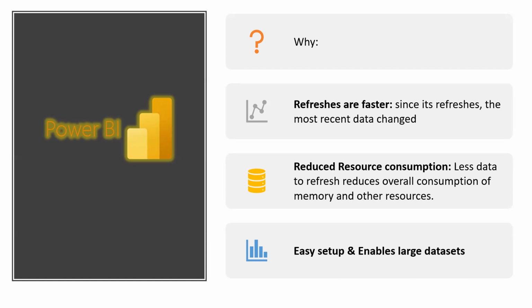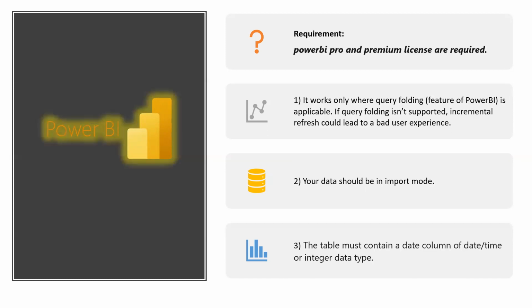Second, it reduces resource consumption. When less data is getting refreshed, the memory and other resources which are managing your data and the refresh will function at optimal performance. And the third and most important feature is it's easy to set up and it is always good for large data sets. This is why we need incremental refresh.